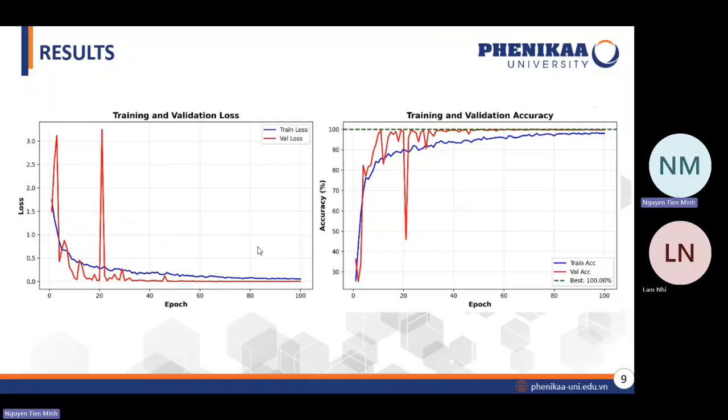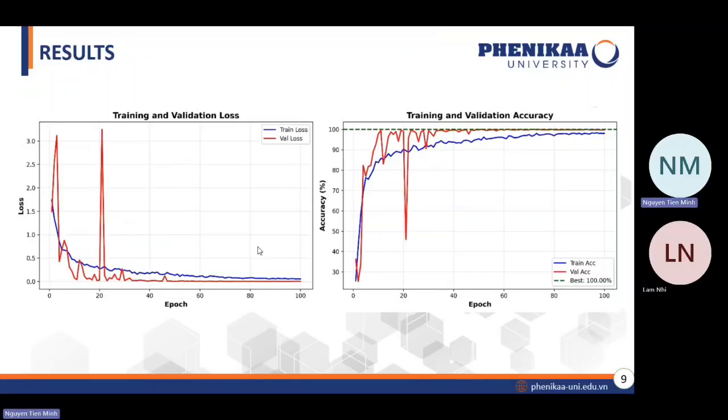The training and validation curves illustrate the learning process of the model throughout 100 epochs. As observed, both training and validation loss decrease sharply during the initial phase, around the first 10 epochs, indicating that the model quickly learns meaningful features from the dataset.